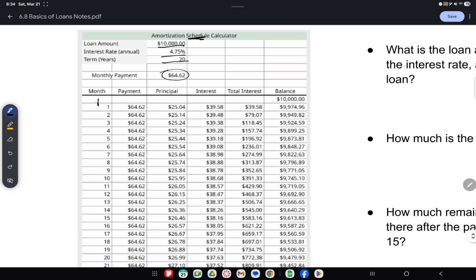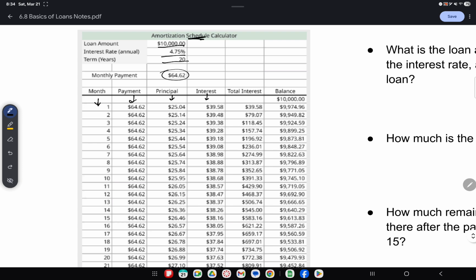So here's all the months. Your payment is going to be the same throughout, okay? But here's what changes. So we can find all this stuff. We can find our interest, right? How much interest we're going to be paying. And then if we subtract the interest from the payment, we get how much is actually going to the principal.